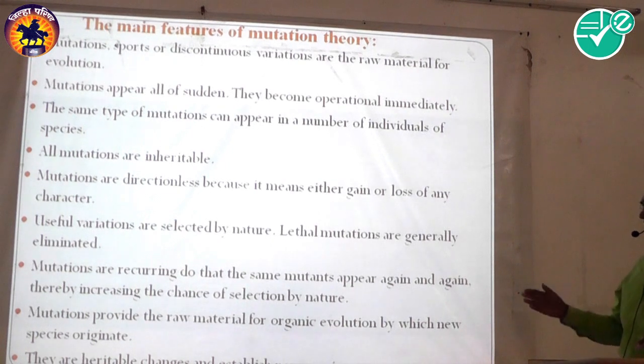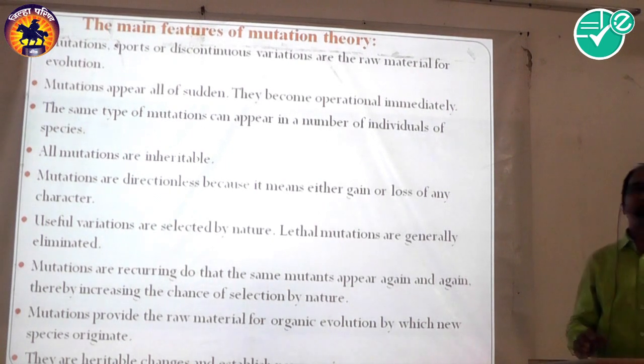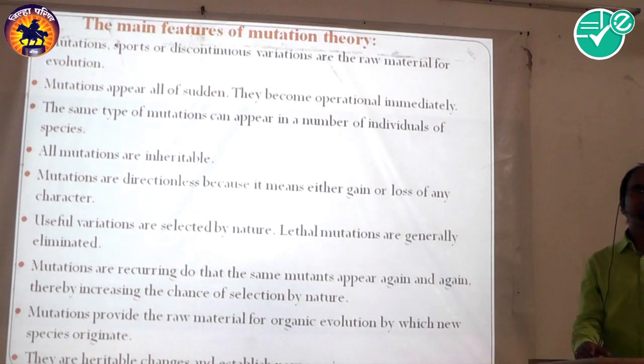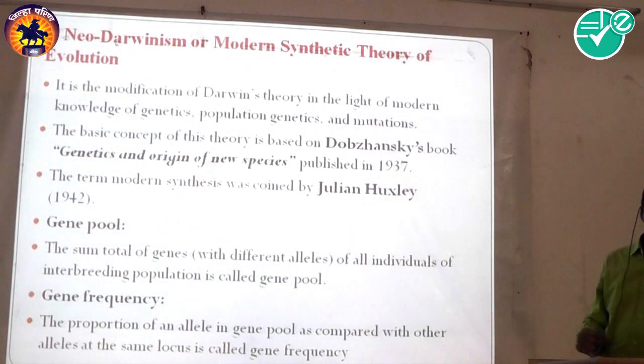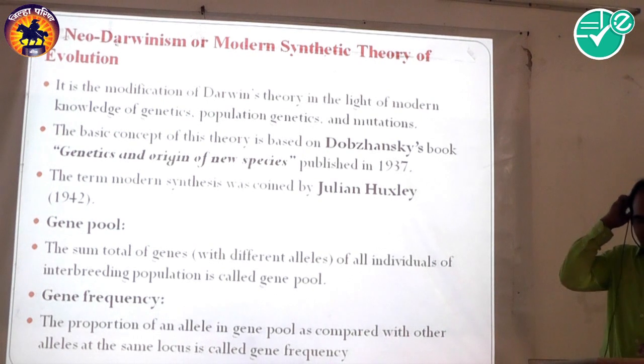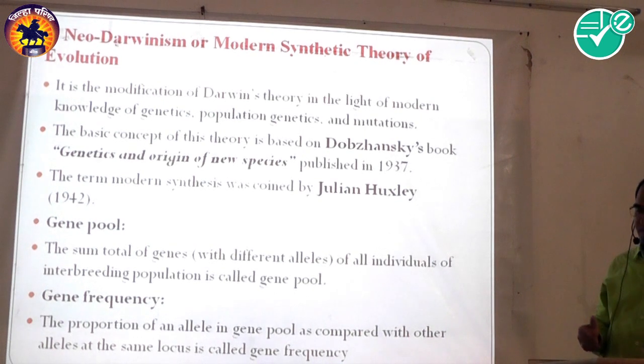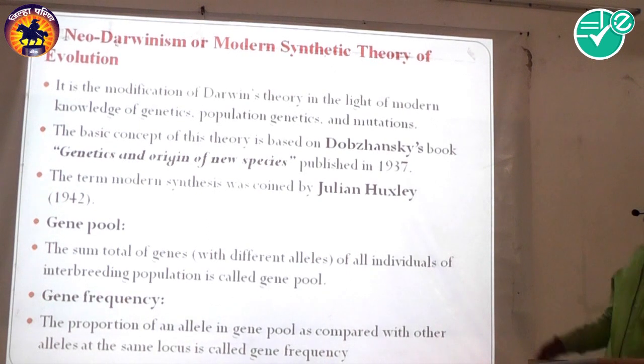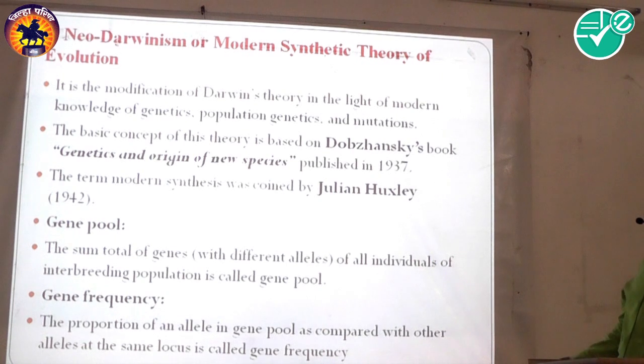They are inheritable changes and establish a new species. So these are the features of the Hugo de Vries theory. Next, we are going towards neo-Darwinism, or the modern synthetic theory of evolution.